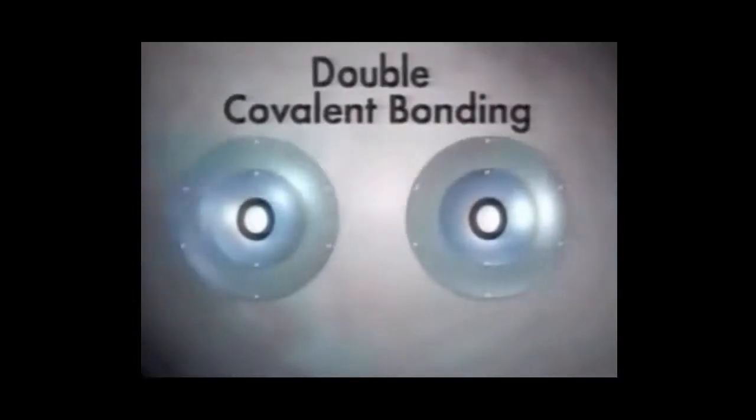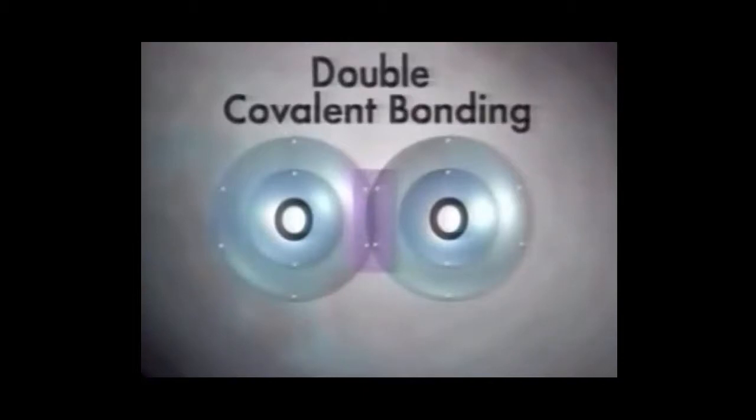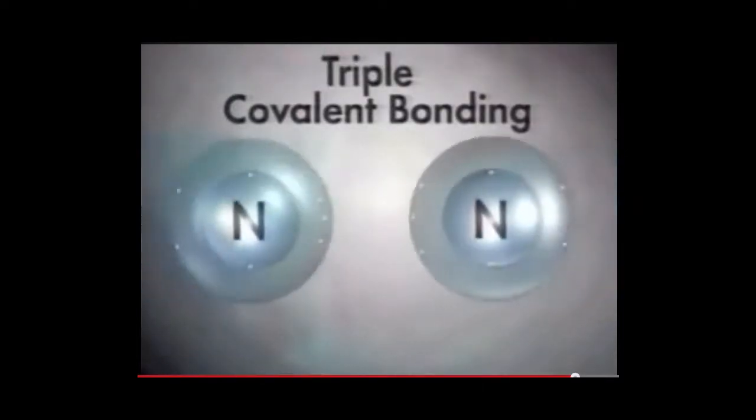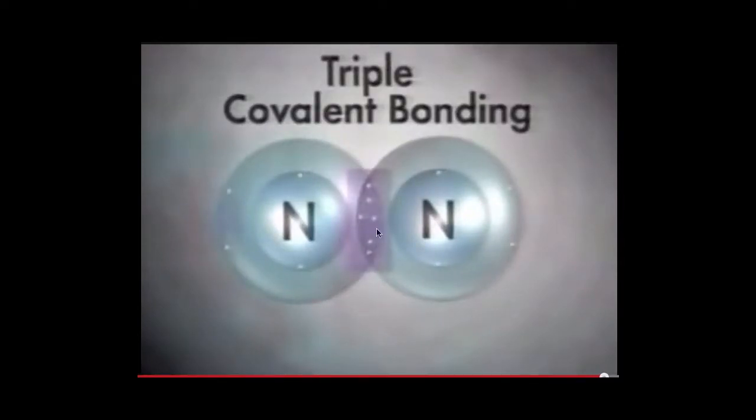Now, let's get a little more complicated. This is a double covalent bond. You can see in purple, these two oxygens are each contributing 2 electrons. So that's a double covalent bond. Then you want to talk about a triple covalent bond. Here we have two nitrogen atoms, and they're each contributing 3 electrons.